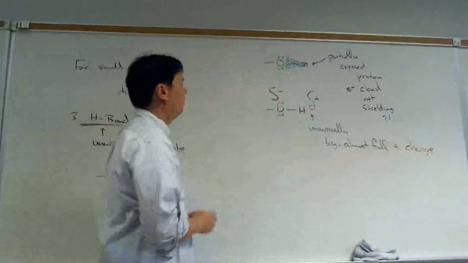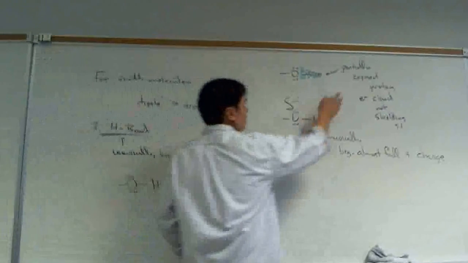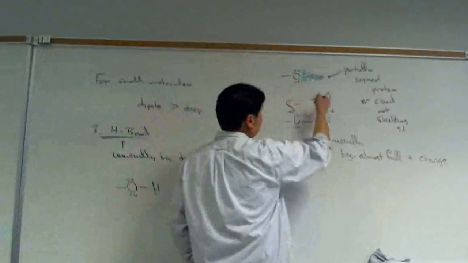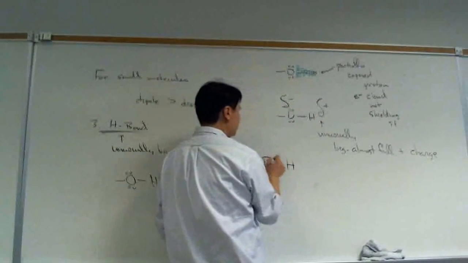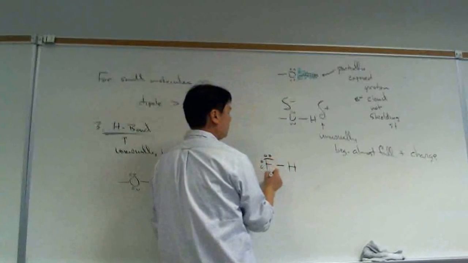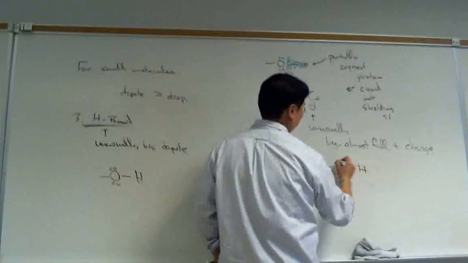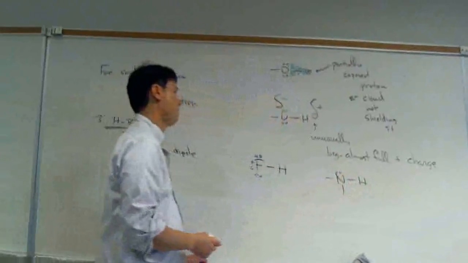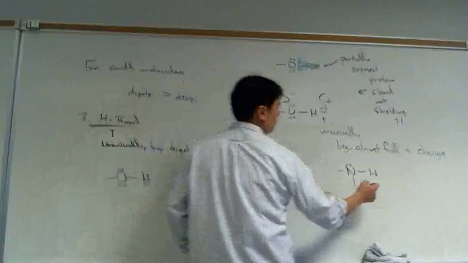And so this partially exposed proton can occur for oxygen-hydrogen bonds, fluorine-hydrogen bonds, and nitrogen-hydrogen bonds. You get very large delta pluses.